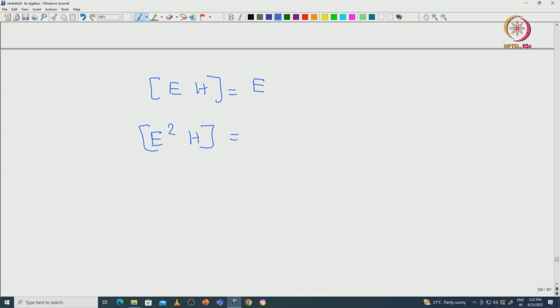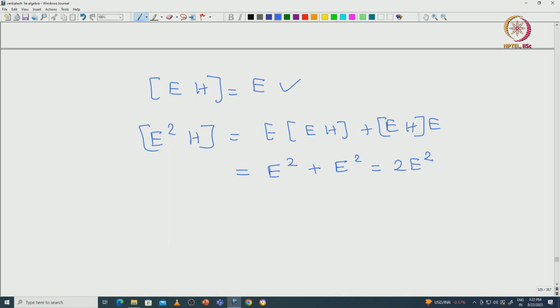From our earlier formula, the bracket of E square and H is E times the bracket of E and H plus the bracket of E and H times E. Now use the formula that the bracket of E and H is E, then we get E times E plus E times E. So, that will give you 2 E square.